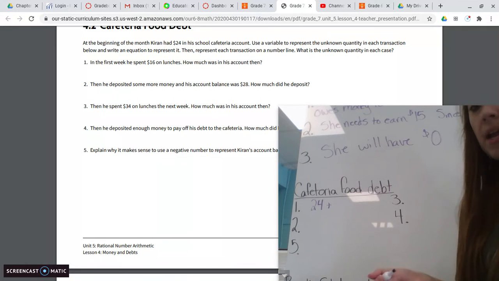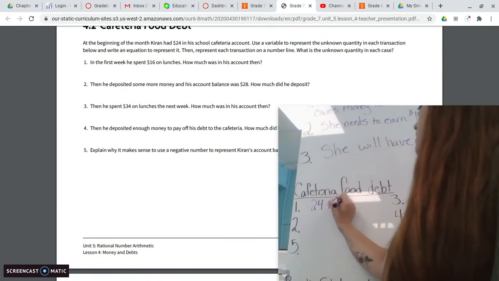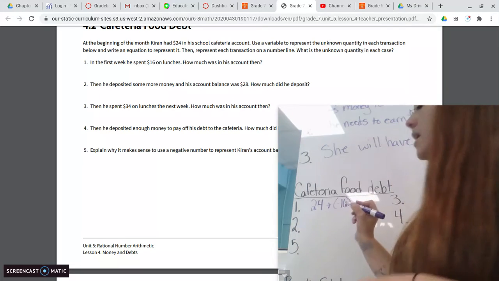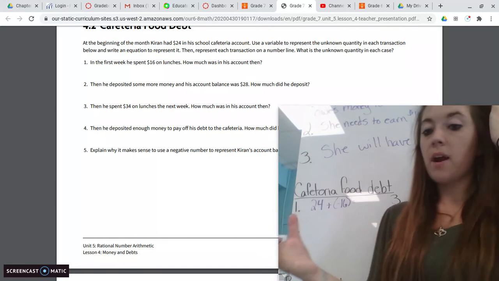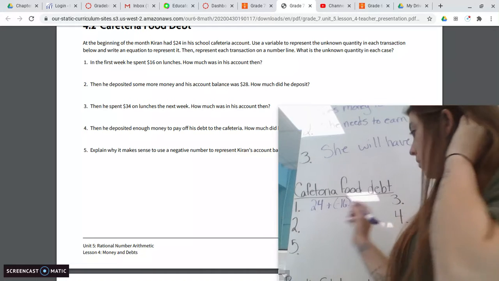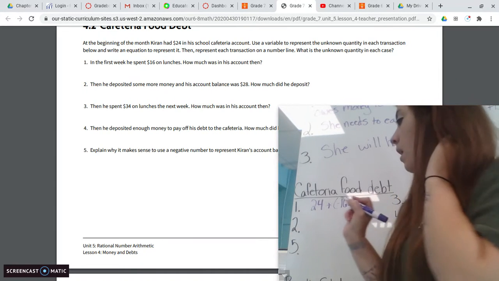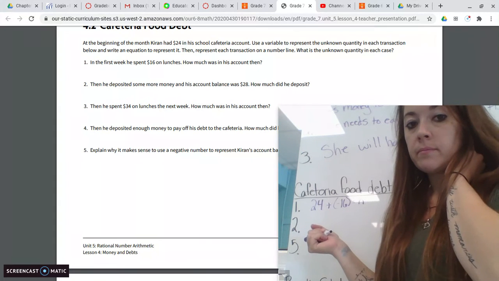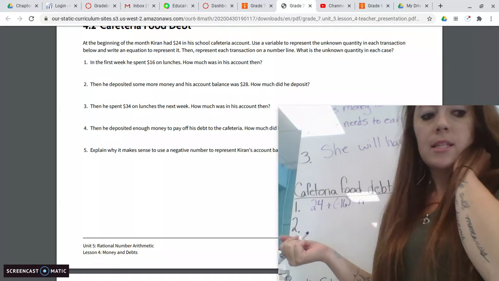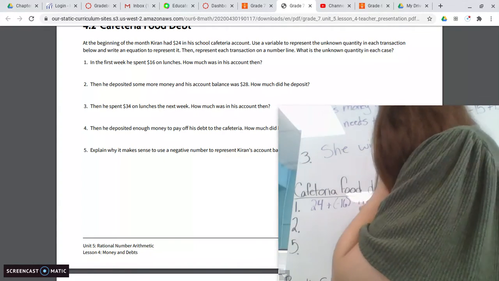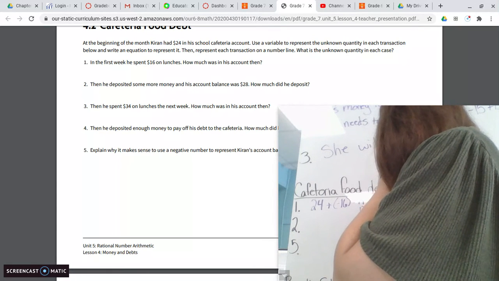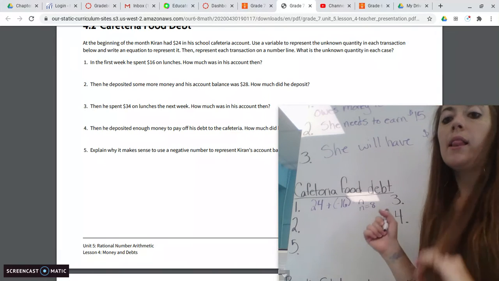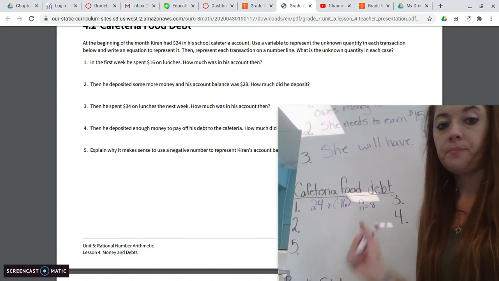How much did he spend? 16. So we're adding a negative 16 to that, and it's going to equal some variable because right now we don't actually know how much it is. So I'm going to say n. So what is 24 plus negative 16? It's 8. Yes, so n equals 8. So he currently has $8 left in his account.